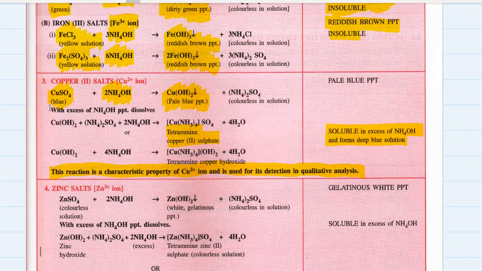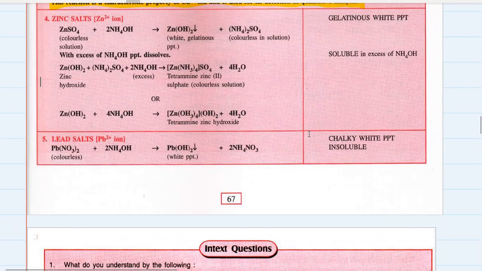First it forms a pale blue precipitate on dropwise addition of ammonium hydroxide. But when ammonium hydroxide is added in excess, it forms a deep blue solution of tetraamine copper sulfate, Cu(NH3)4SO4, which is a characteristic property of copper ions, and this property is used for copper ion detection in qualitative analysis using ammonium hydroxide reagent.